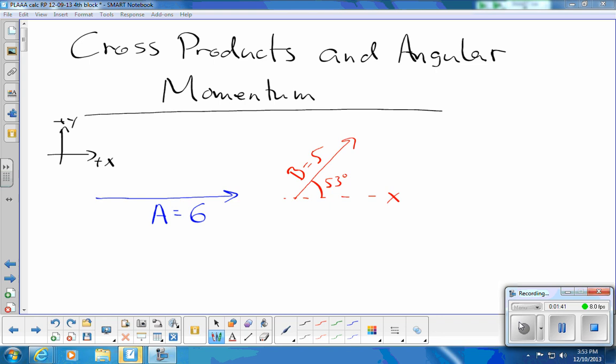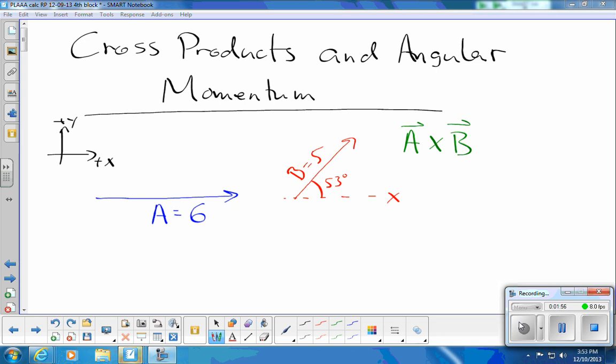I would say, okay, what is A cross B? And I would use the vector symbols. Well, the cross product of two vectors is itself a vector.